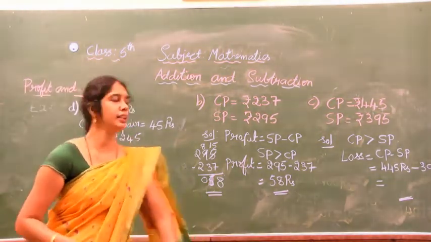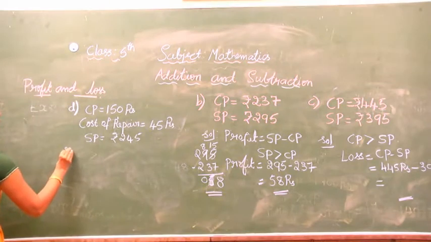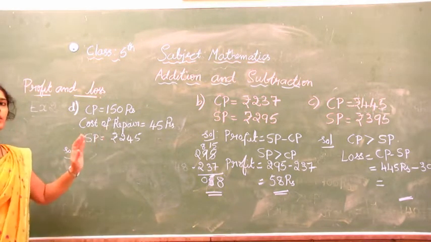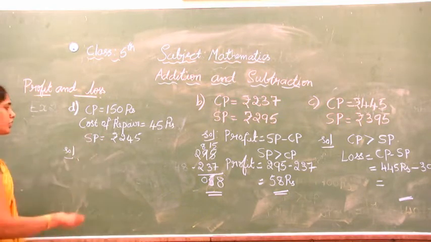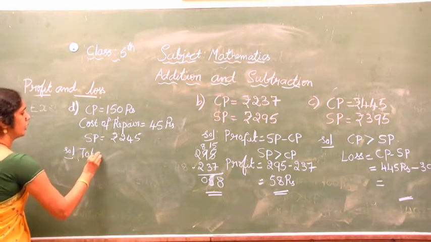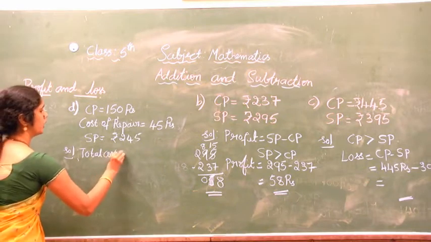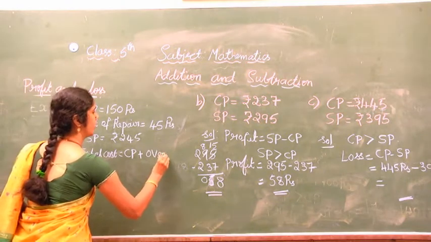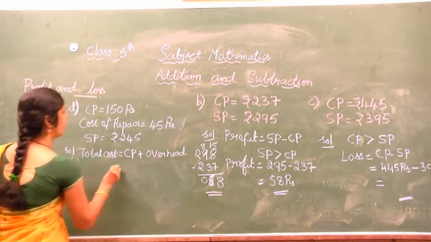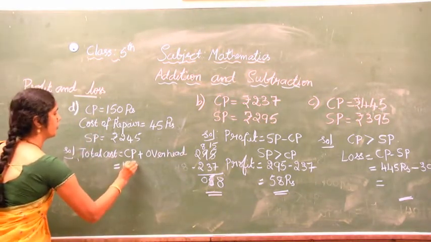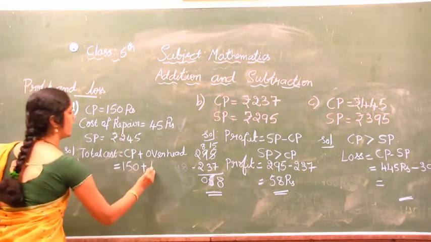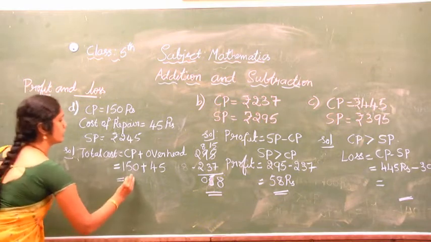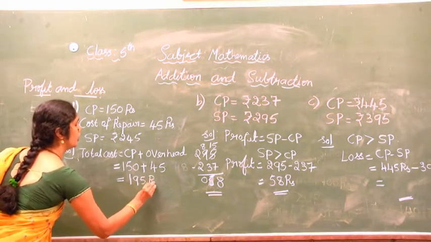See, in this case, you can observe that some cost of repair is there, isn't it? So, what is the total cost here? Total cost equal to CP plus overhead. What is the CP? 150. What is the overhead? That is the cost of repair. Total cost equal to 195 rupees.